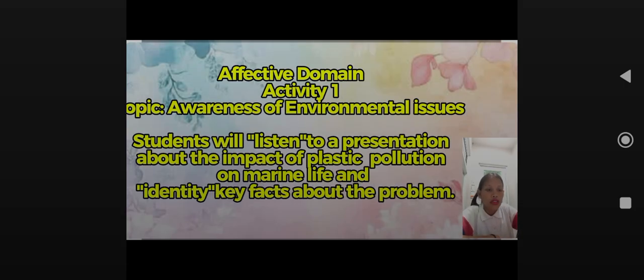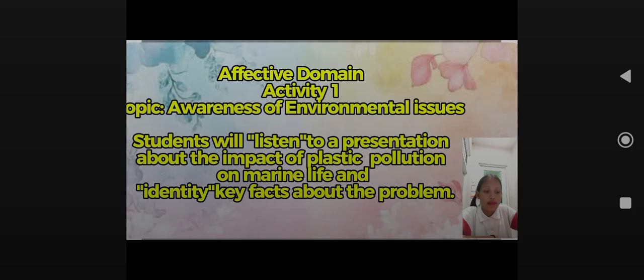Affective domain. So, activity 1, awareness of environmental issue. So, students will listen to a presentation about the impact of plastic pollution on marine life and identify key facts about the problem. So, the activity verbs are listen and identify.